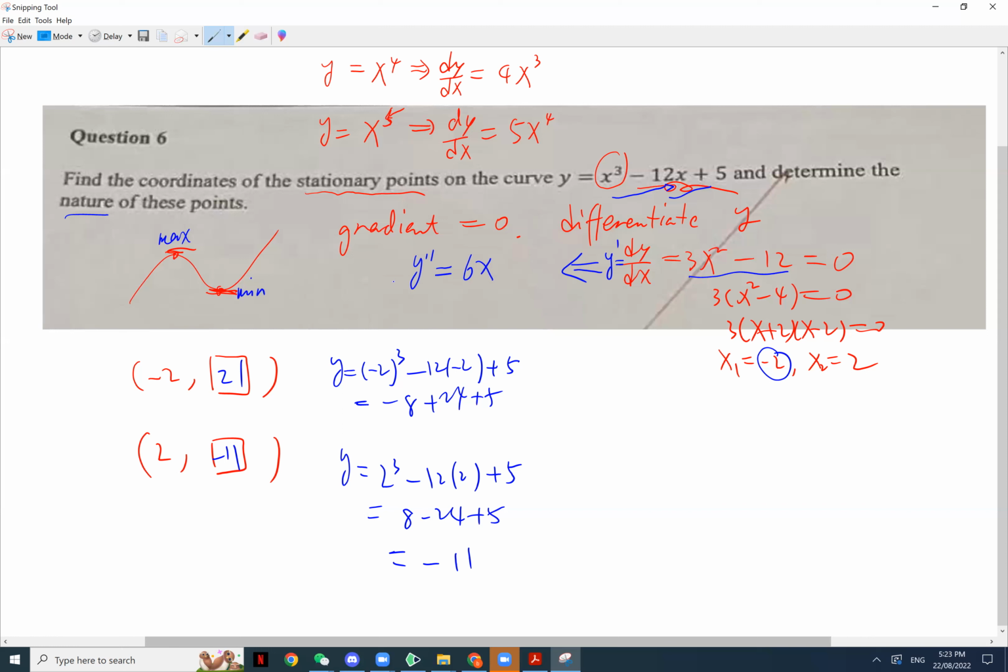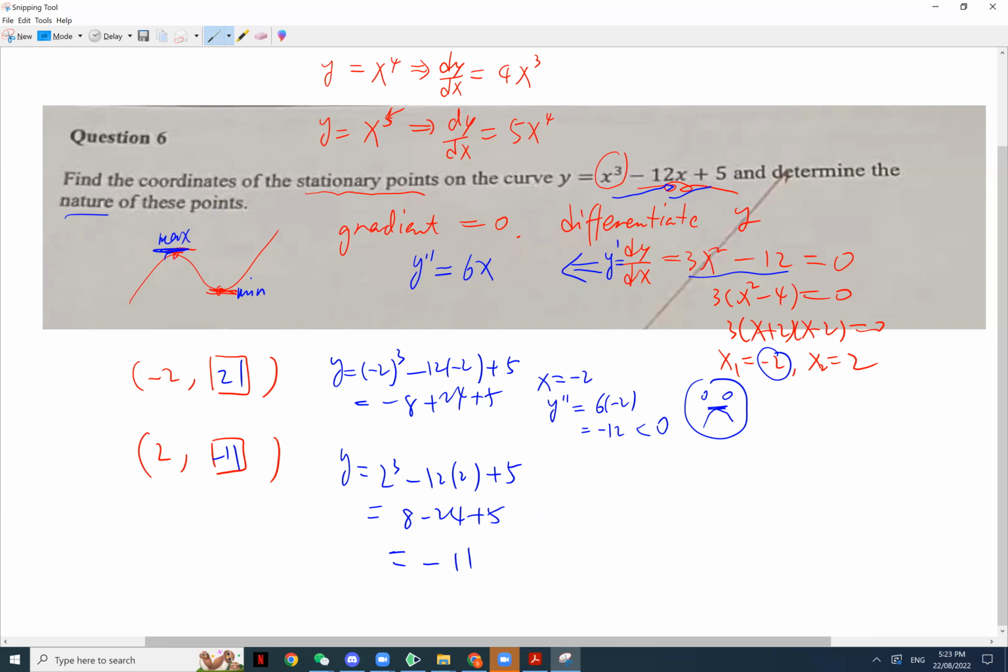So x equals -2. Y double dash equals negative value. Fei, y double dash negative is a happy face or sad face? Sad face. But the sad face, we have a maximum.